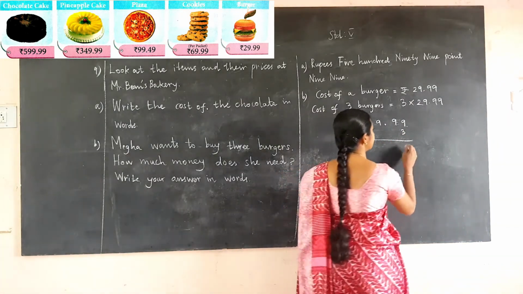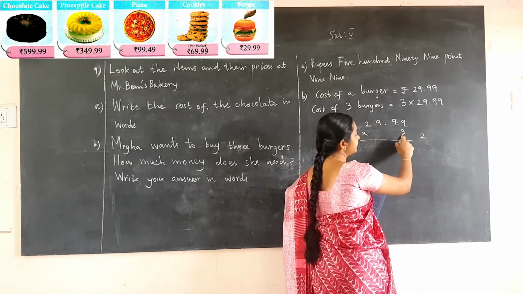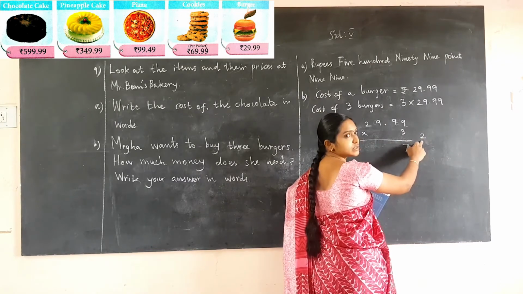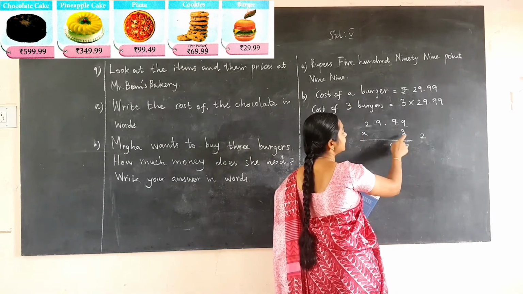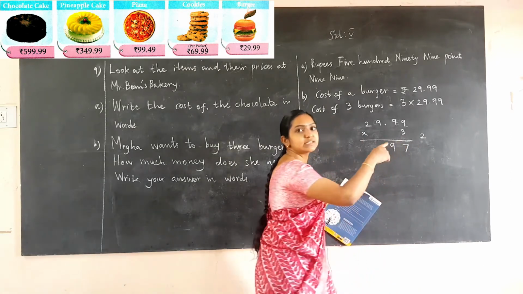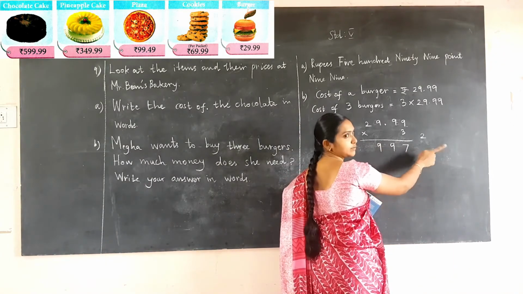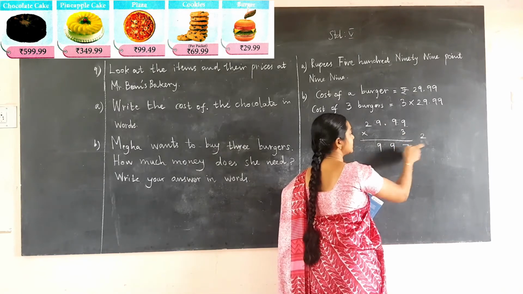So, write 7 here and 2 is remaining. Again 9 3s are 27. To 27 we have to add 2. 27 plus 2 is 29. So, write 9 here and 2 is remaining. 9 3s are 27. 27 plus 2 is 29. So, write 9 here and again 2 is remaining. 3 into 2 is 6. 6 plus 2 is 8.